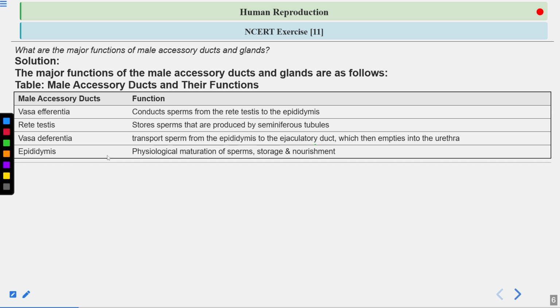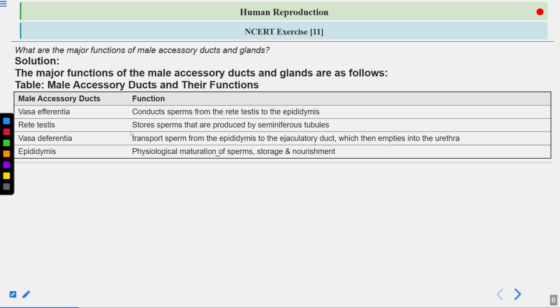Then in the epididymis, maturation of the sperms occurs. Storage and nourishment of the sperms also occur. So let's understand this. What happens? The sperms are produced in the seminiferous tubules. Then from the seminiferous tubule, they will enter into the rete testis.